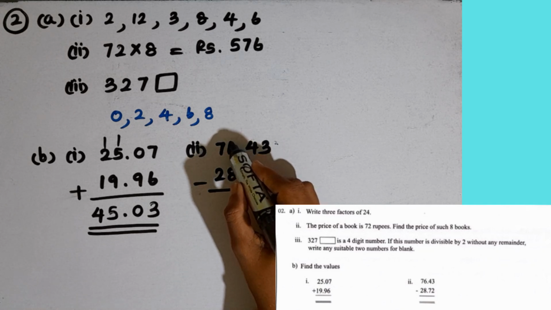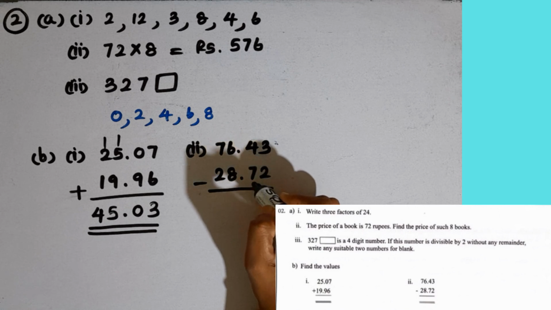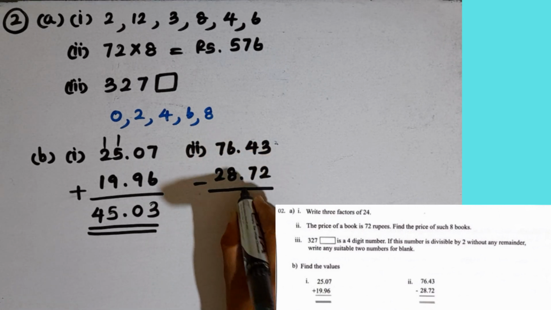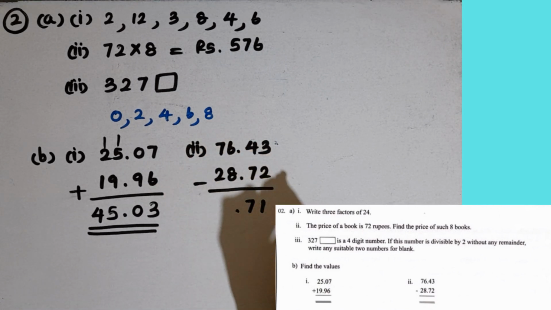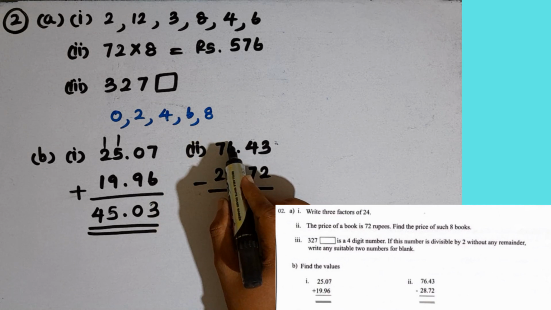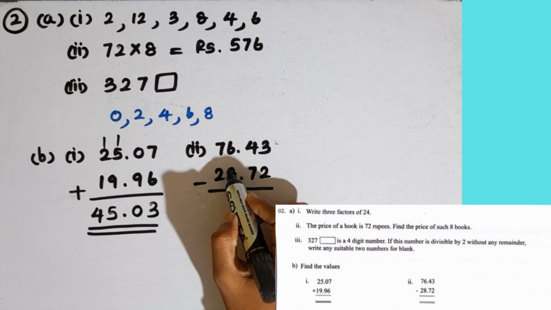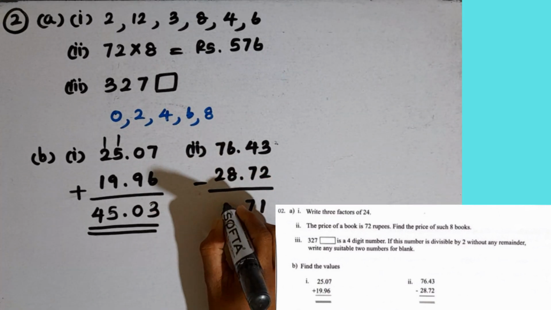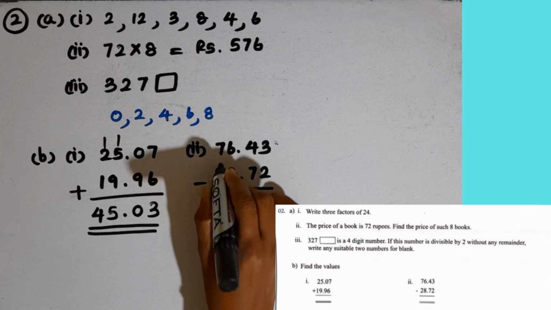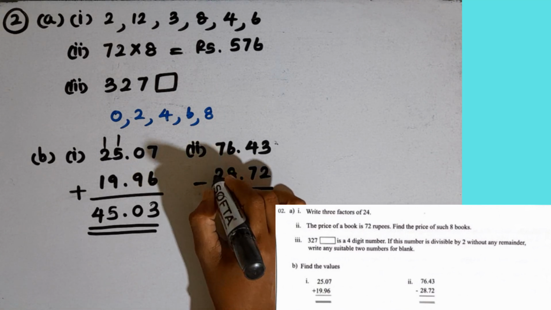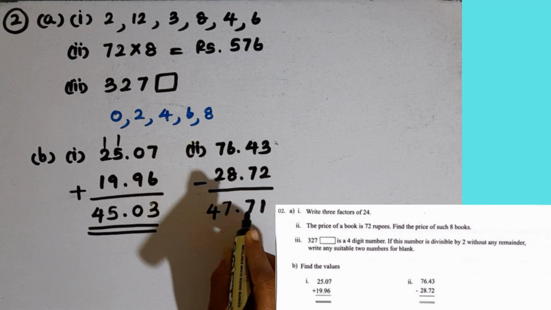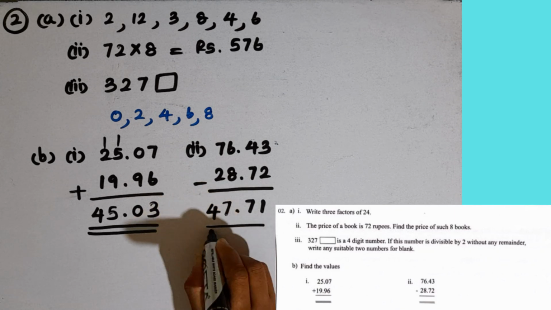So we have to take 1 from the other side. 14 minus 7 is 7. Then let's keep the decimal point. Then the remaining here now is 5. 15 minus 8 is 7. Then the remaining is 6. 6 minus 2, 4. The answer is 47.71.